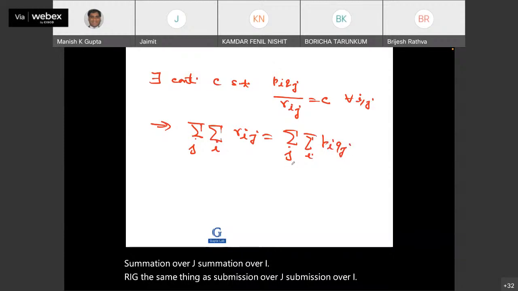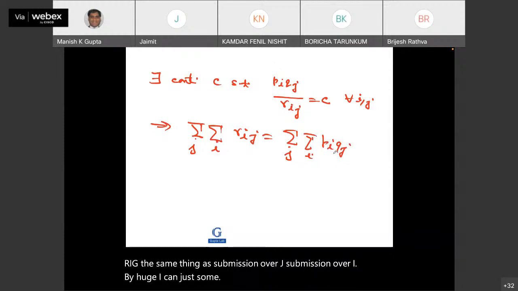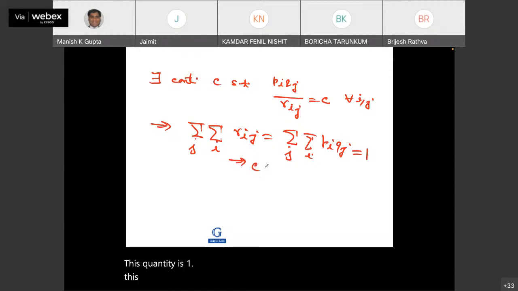I can just sum. So basically this quantity is 1. This implies that C is 1. So equality holds if and only if rij is equal to pi qj.